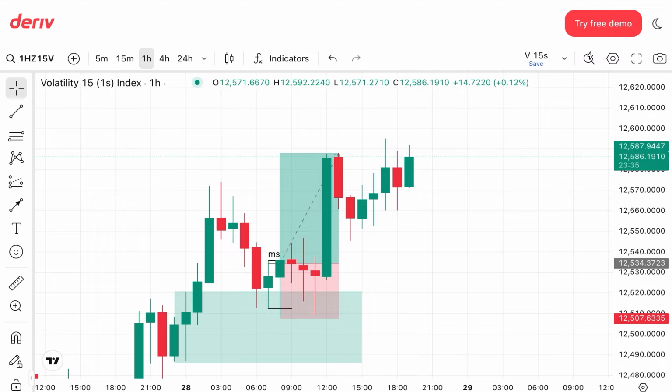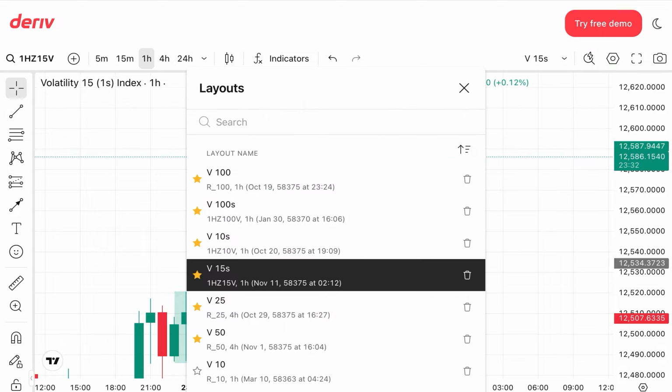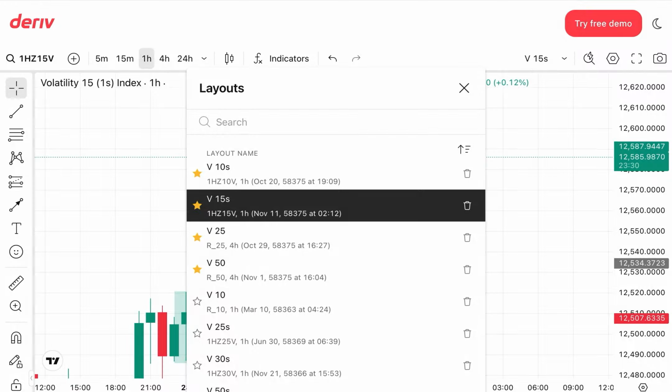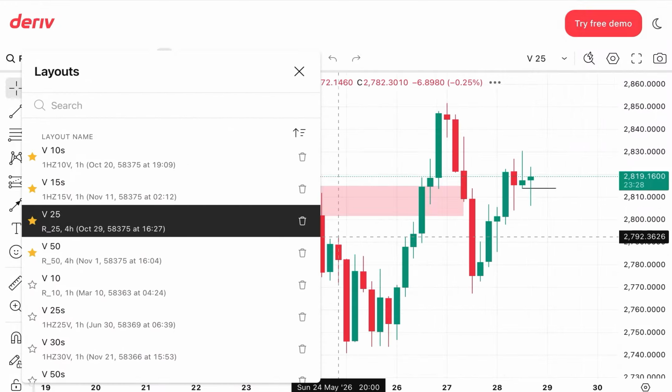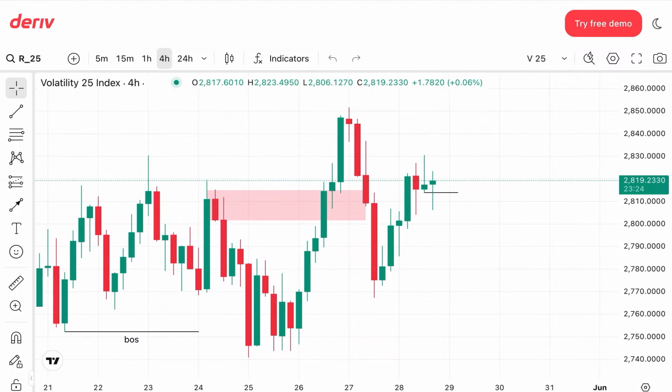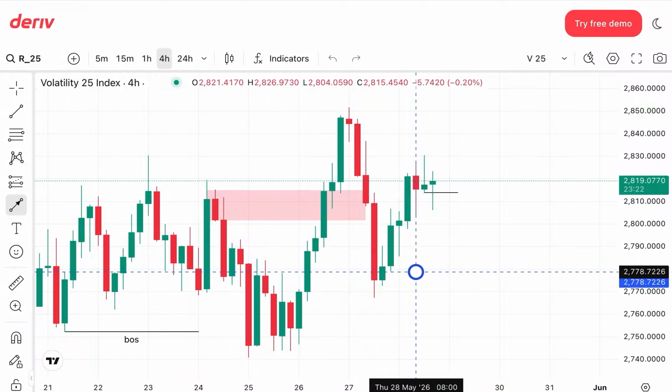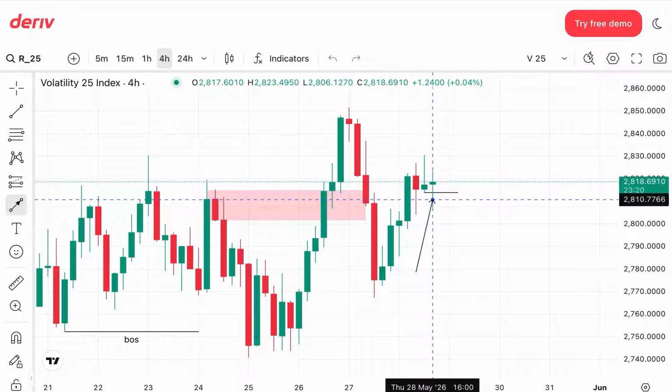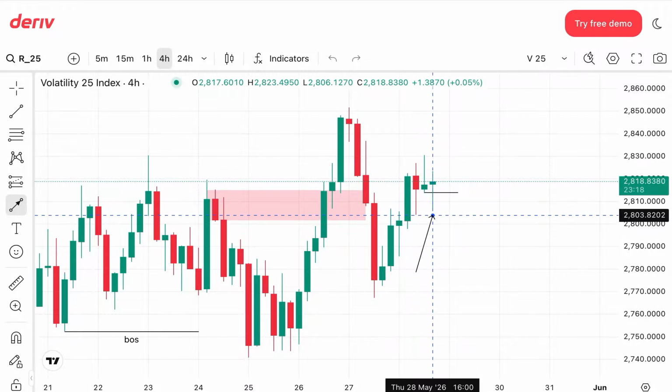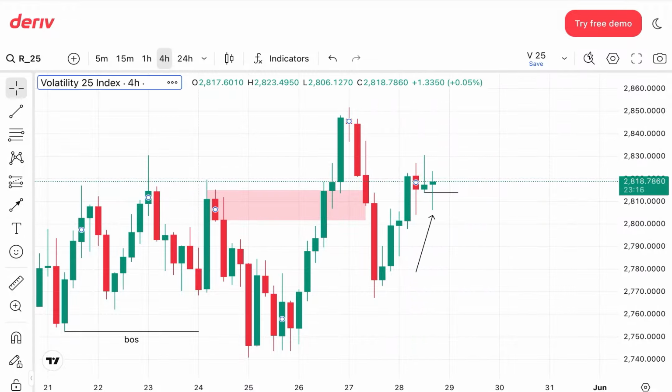And I'm currently looking at these two trades at volatility 25, because I'm seeing a rejection candlestick over here, and I may not be able to participate in these trades, but I'm just looking out to see what the market does on volatility 25 index.